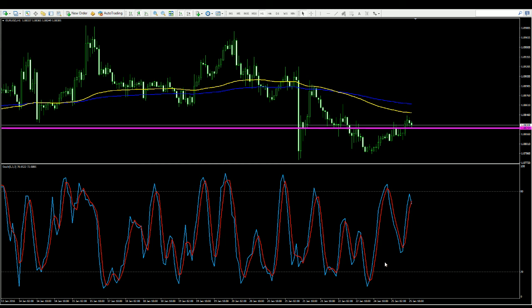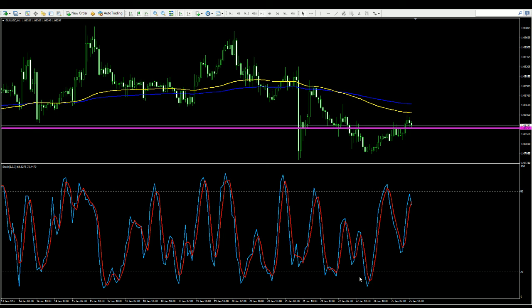So what does this mean? Does anyone know what overbought and oversold means? Okay, so overbought is when the asset has been bought, right? So price has moved up, and then it makes a lower high or higher low, and the sellers enter the market.